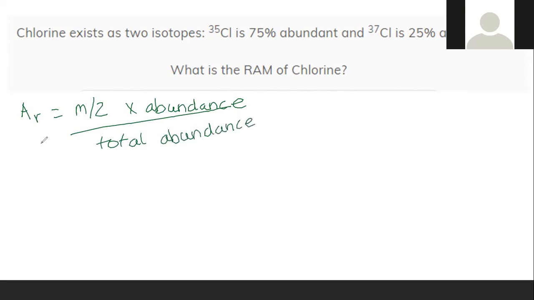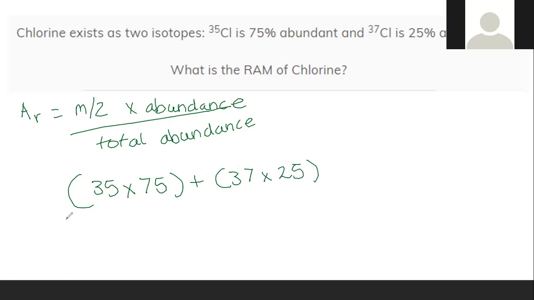So in this situation, we have 35, so that is our mass-to-charge ratio. We've got 35 and its abundance is 75, so we're going to do 35 times 75, and we're going to add to that 37, chlorine 37, 25% abundance, so times 25.